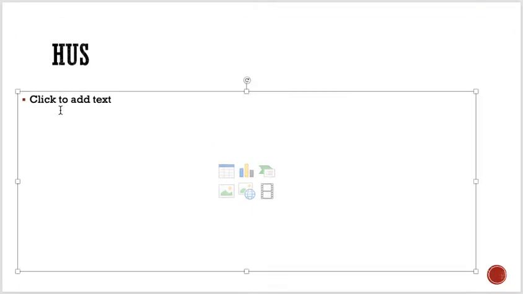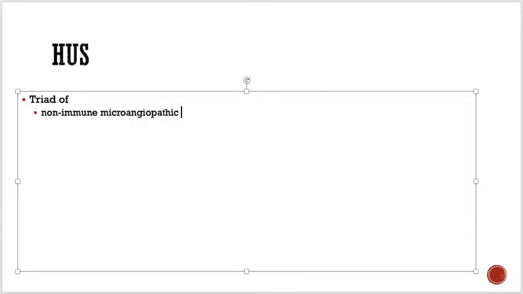it's a triad of non-immune microangiopathic hemolytic anemia, which is also called MAHA.